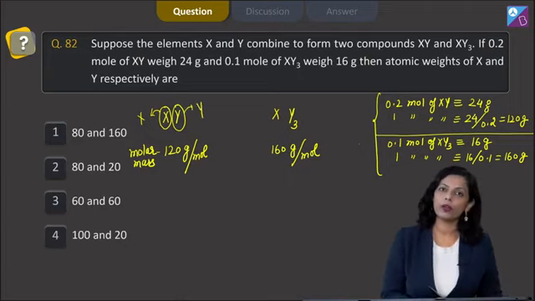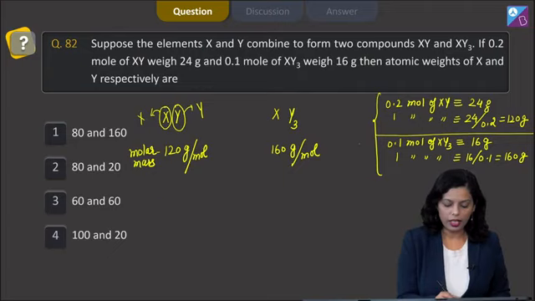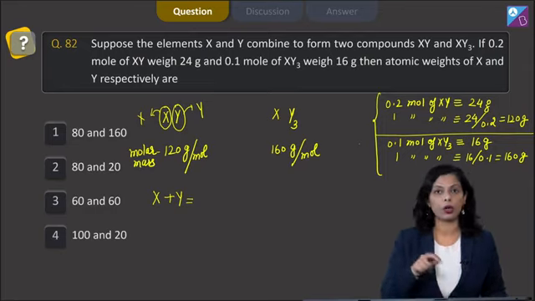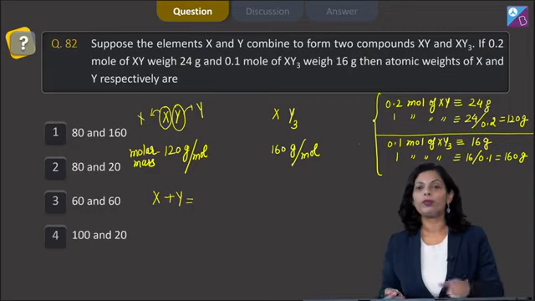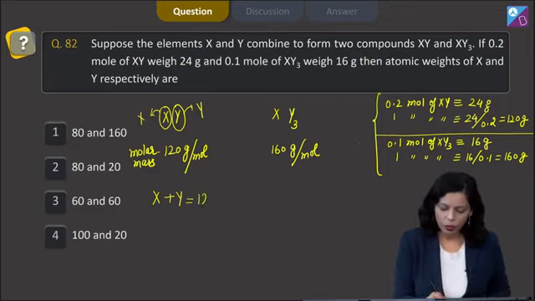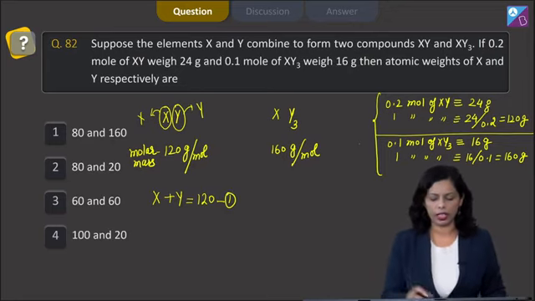With the help of these, I can make an equation: atomic mass of X plus atomic mass of Y will give me the molecular mass of this species. And already we know the molar mass, so the molecular mass would be 120 u. Getting it? So this is my first equation.